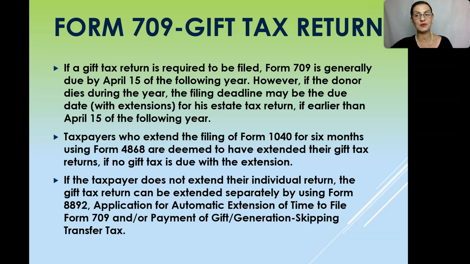But for some reason, if you have a person who doesn't have a filing requirement and doesn't have to file a Form 1040, or if they've already filed their Form 1040 and they didn't file the Form 709, but they have to file the Form 709 and they need extra time, then they can file an extension. So there's a separate extension for this form, the Form 8892. But if you file the Form 4868, you don't need to use this extension form. Yeah, I know it's overly confusing, but this is how it is.